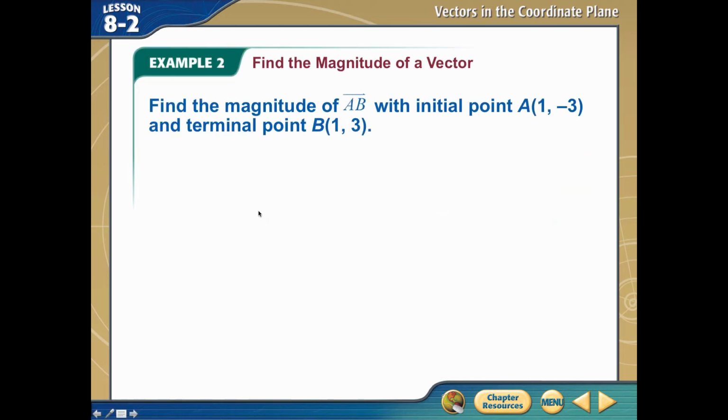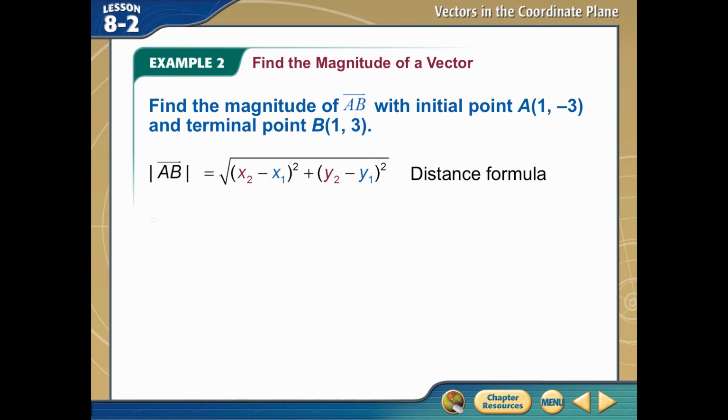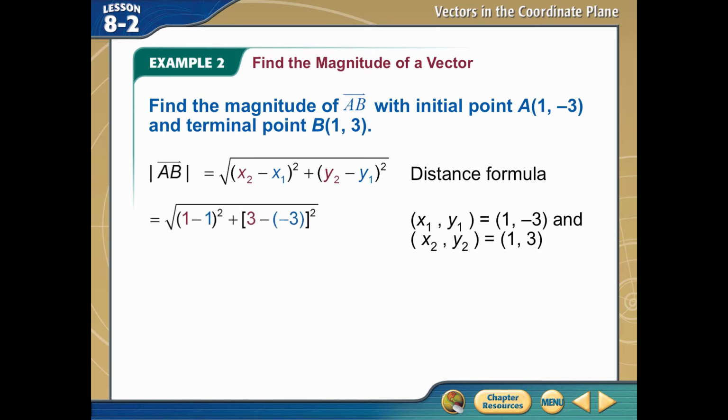Find the magnitude of AB with an initial point A and a terminal point B. So the first thing you do is you find your component form. Actually, they're not going to do it this way. They just take x2, x1, so 1 minus 1. 1 minus 1, 3 minus negative 3.